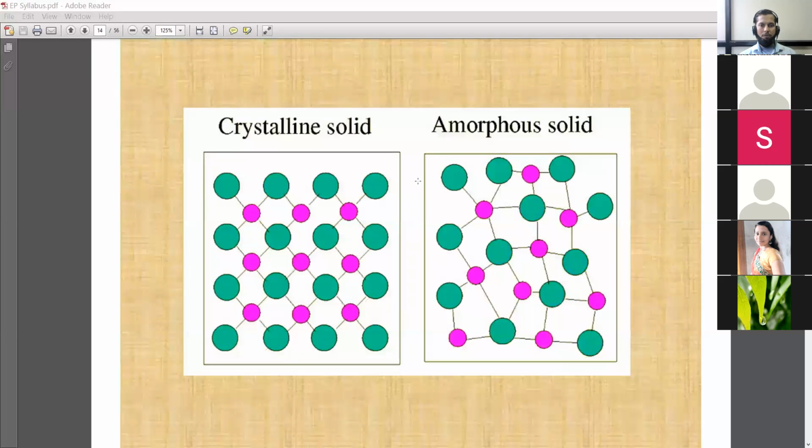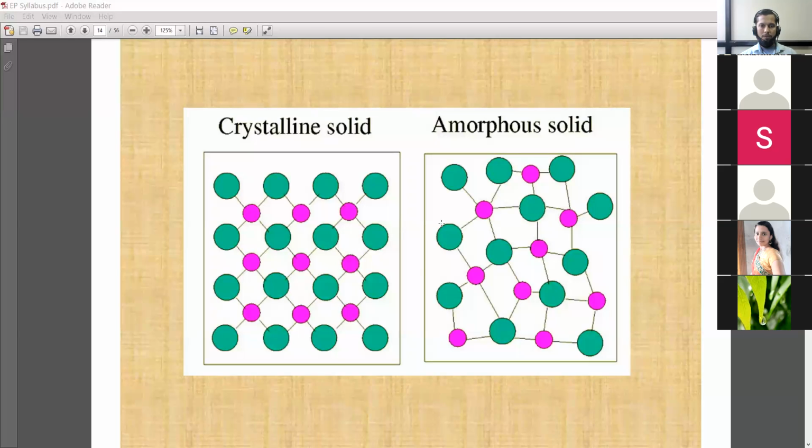Okay, now here comes the answer. This figure gives you the idea: crystalline solid and amorphous solid. Your explanation is correct, that a definite regular arrangement of atoms in 3 dimensions is called crystalline material, and irregular or random arrangement of atoms is nothing but amorphous material or amorphous solid.